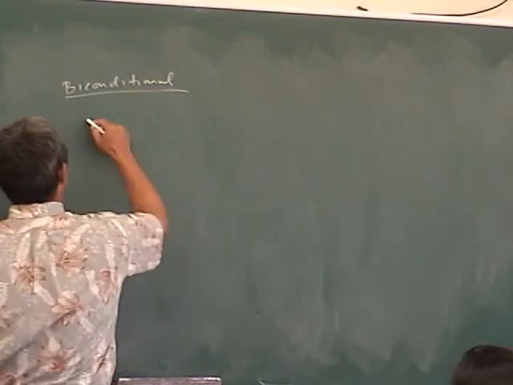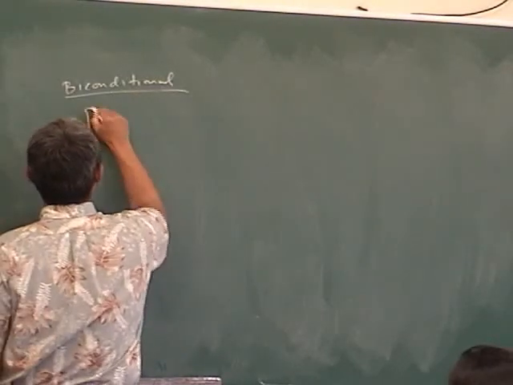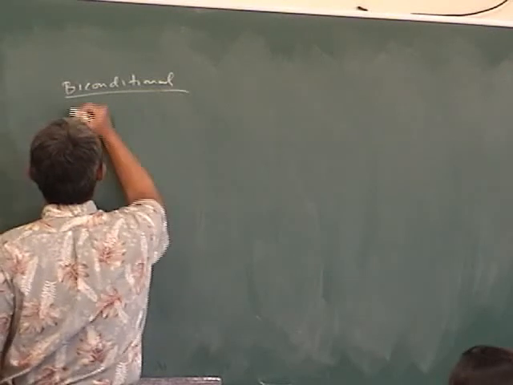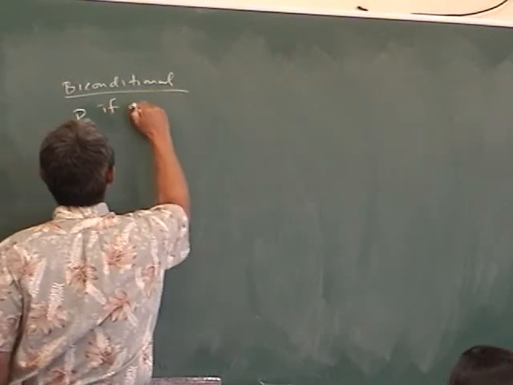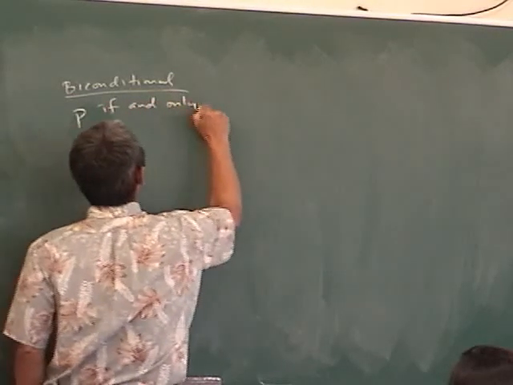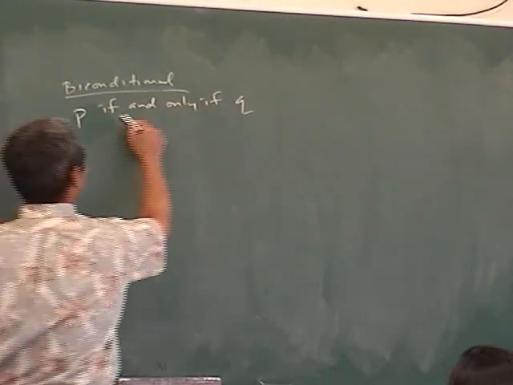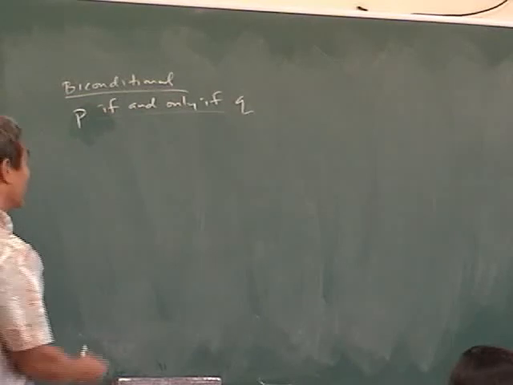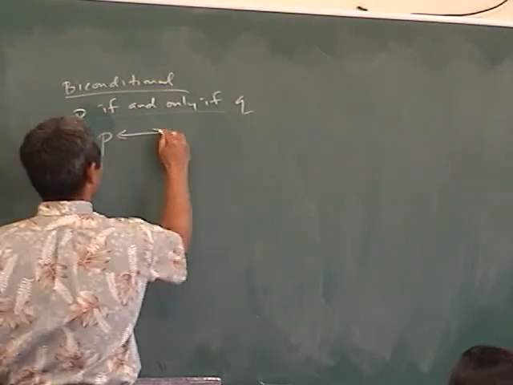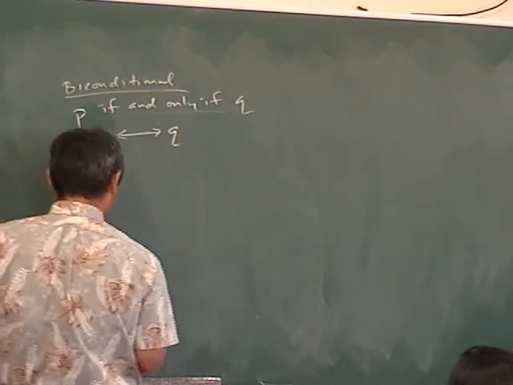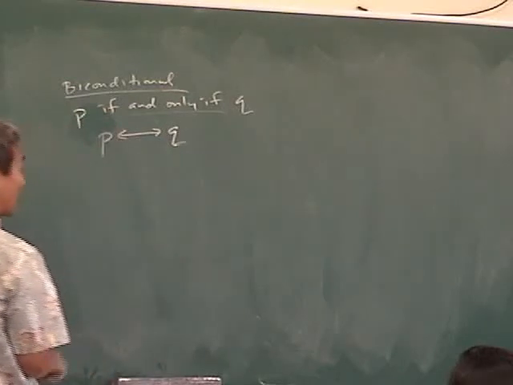So the way we symbolize that is this. Why don't I just write it out? P if and only if Q. This phrase right here is the biconditional. And the symbol we use is here. Notice the arrow goes both ways.